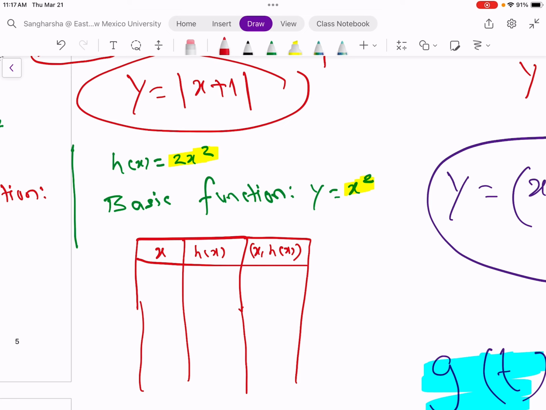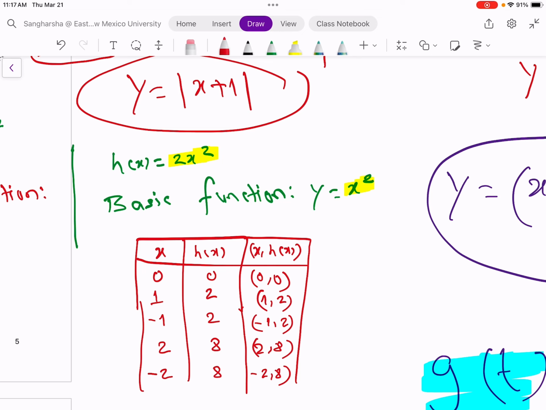If it's 0, it's 0, so 0, 0. If we choose 1, then we have 2, that's 1, 2. If we have negative 1, that's positive 2, so negative 1, 2. If we have 2, that's 8, so 2, 8. And if we have negative 2, we get 8, so negative 2, 8. So this is the table.